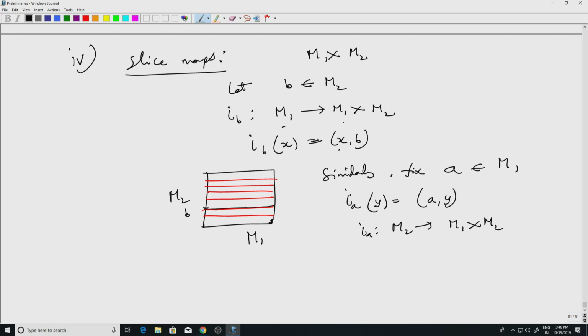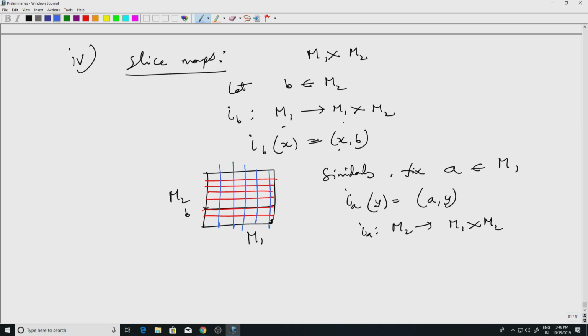It doesn't really do anything to the point, except that, as in the case of the horizontal slice, where it puts M1 at different heights, in the case of this vertical slice it puts M2 in different horizontal locations.